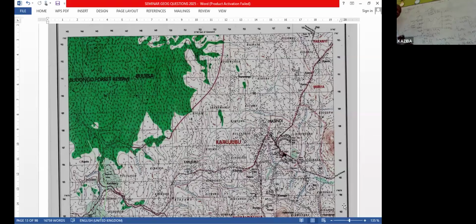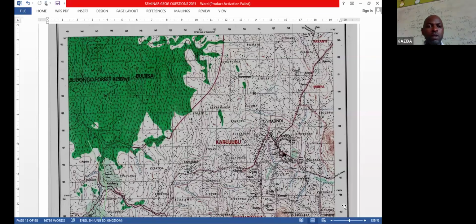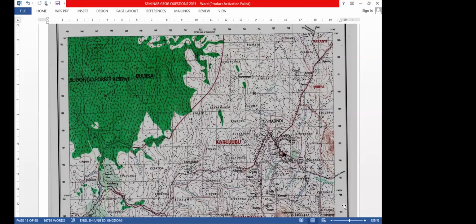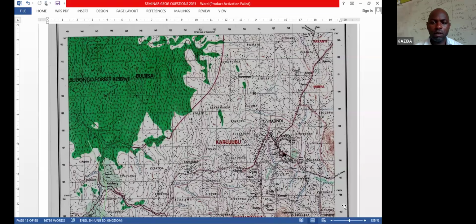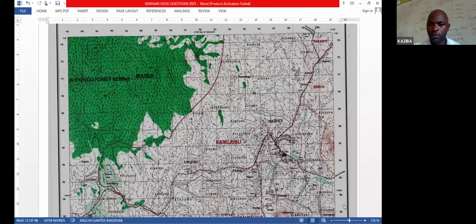Write the formula for gradient of the cross section. That's a condition. I'm very speedy. Okay, write for me the formula for gradient. You say vertical rise or amplitude over horizontal equivalent.